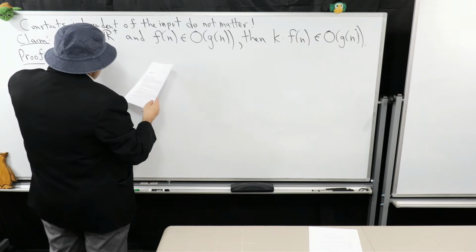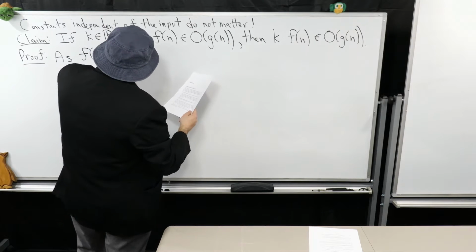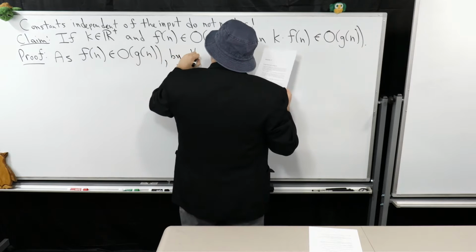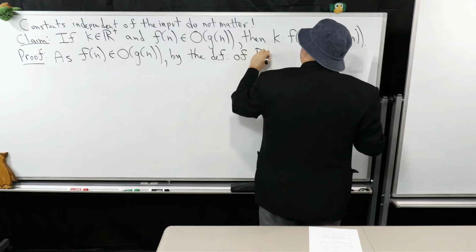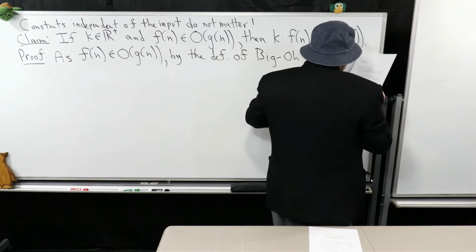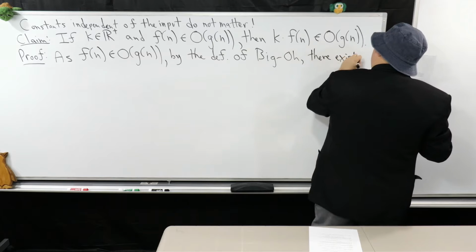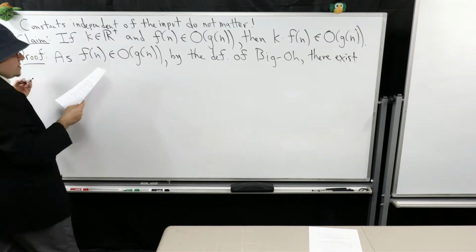So as f is big O of g, by the definition of big O, there exists, what exists if I know f is big O of g? Well, I know there exist two constants.